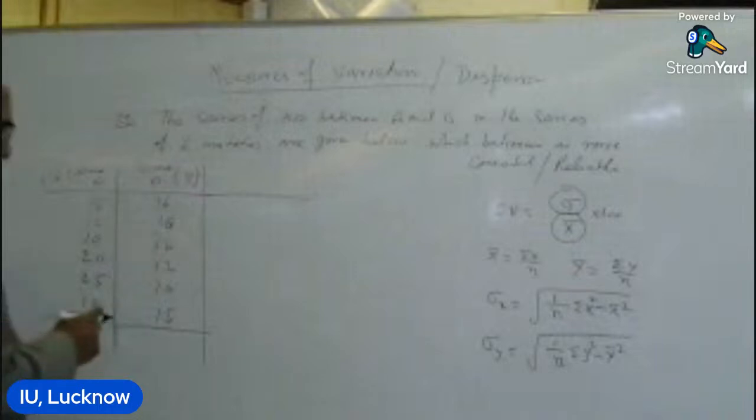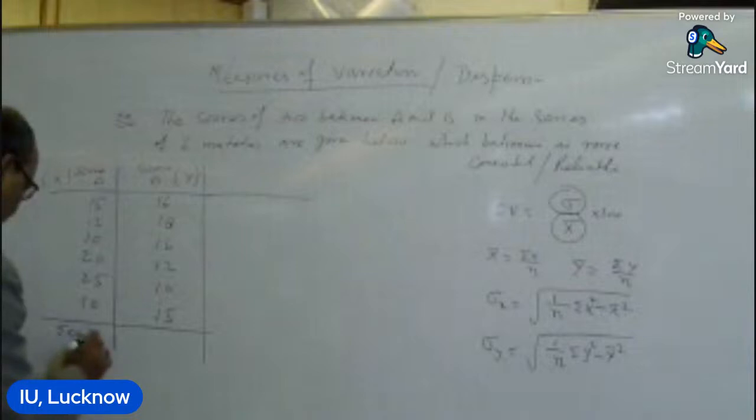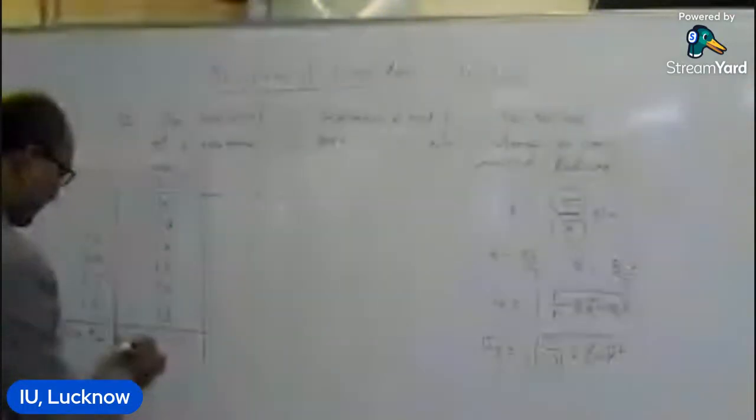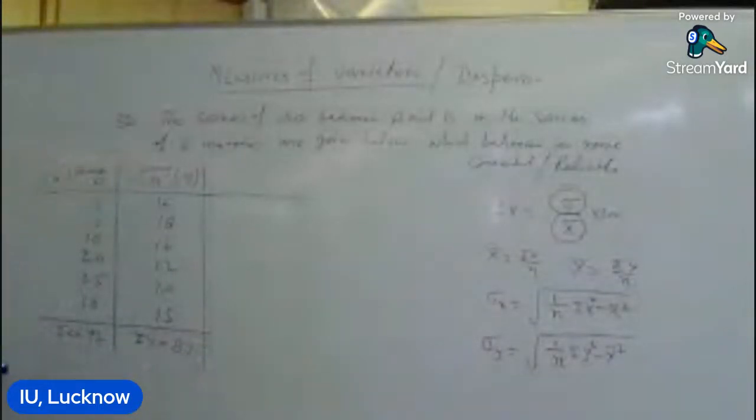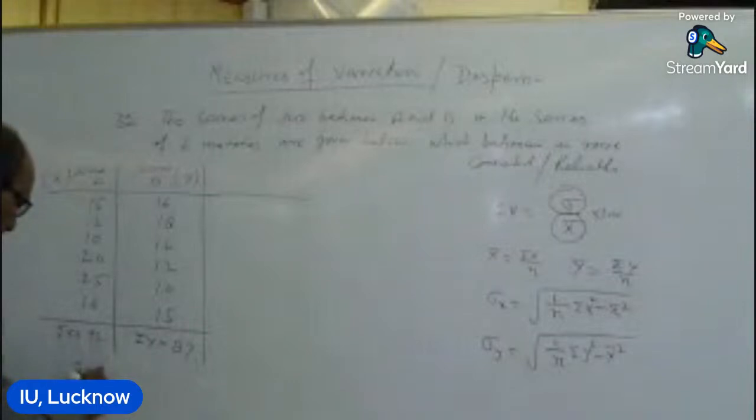So for getting the mean, we just see what is the summation x. Summation x is the total score of player A, which is 92 out of 6 matches, and the score of player B is 87. So mean x bar is 92 divided by 6, and it will be 15.33.